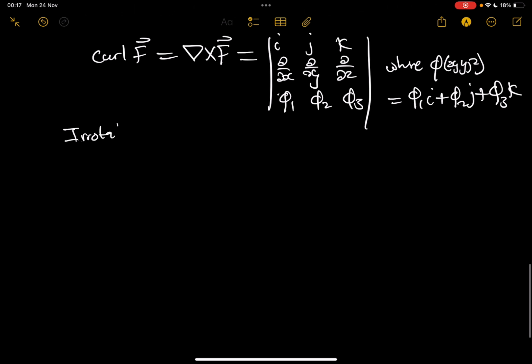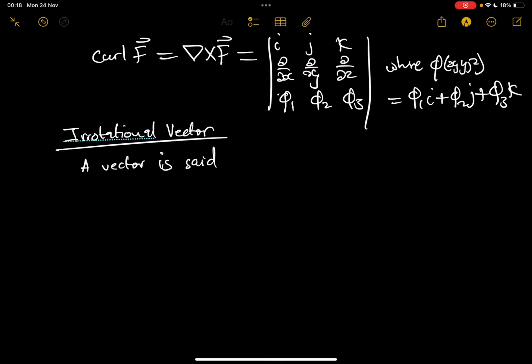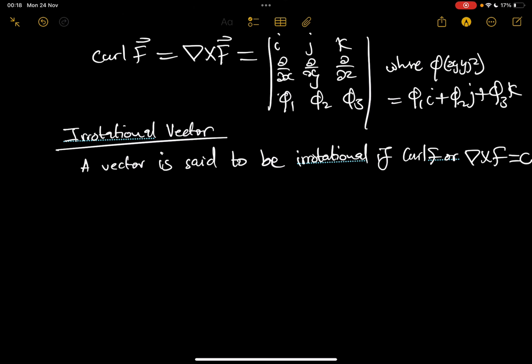Irrotational vector. A vector is said to be irrotational if the curl of that vector is equal to 0.